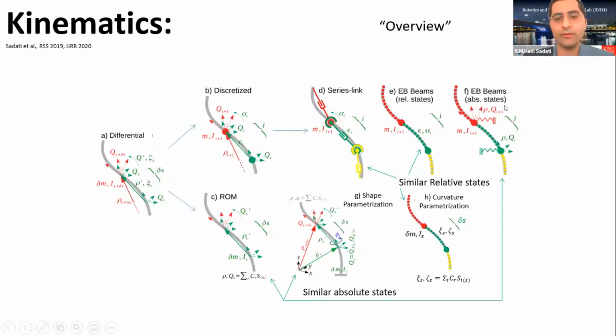With the finite element approach with absolute states, you end up with repeating similar, smaller equations, so less complex. It gives you more flexibility to play with numerical methods, and as a result, it's less sensitive and more robust to numerical calculations. But the reduced order model, when you parameterize the whole shape, benefits from this as well.